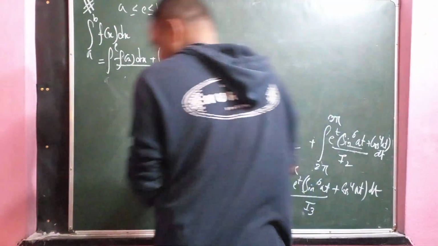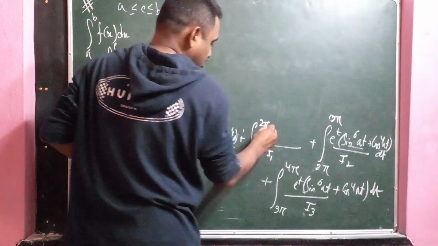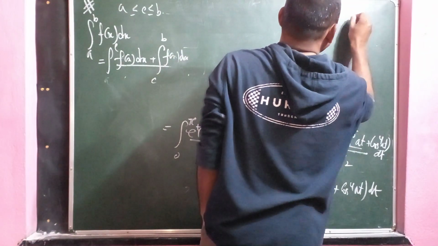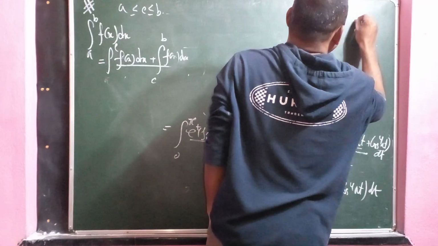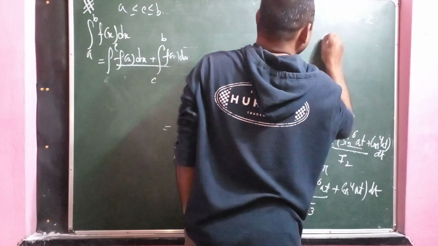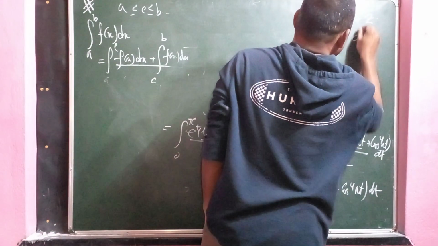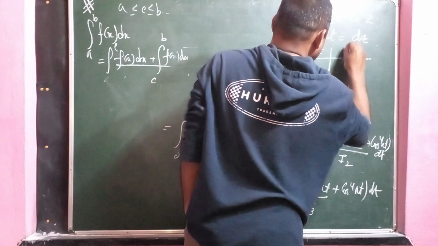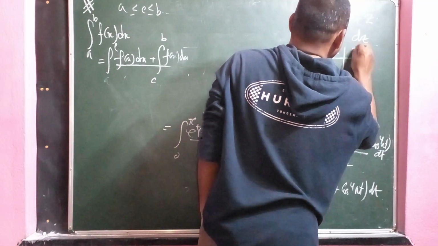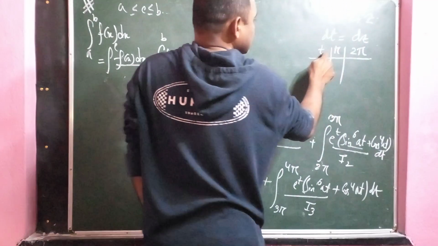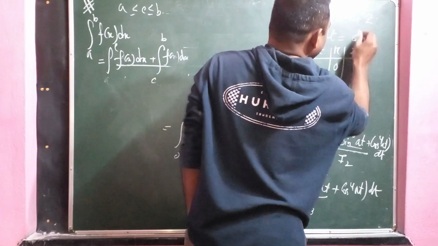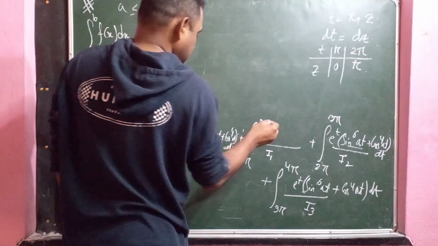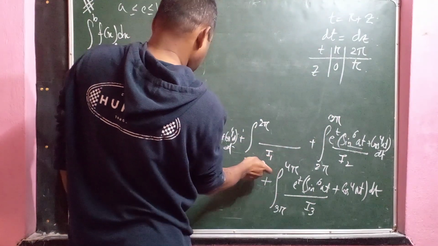Suppose I try to change this, so that means t is equal to pi plus z. What will happen? dt becomes dz, right? And the limits of t and z: this is pi and 2 pi. See, if t is pi, z will be 0, and if it is 2 pi, it will be pi, right? So that means this is I1.